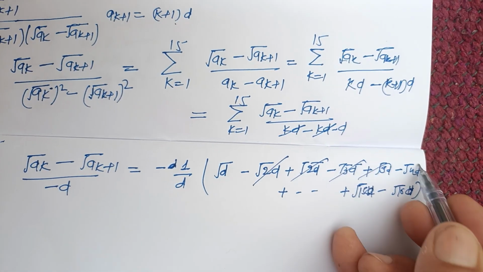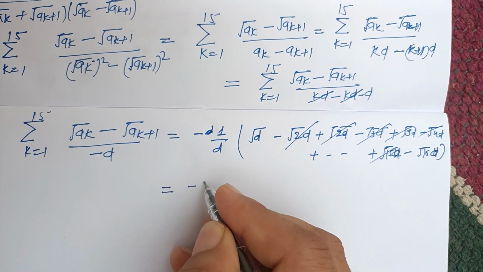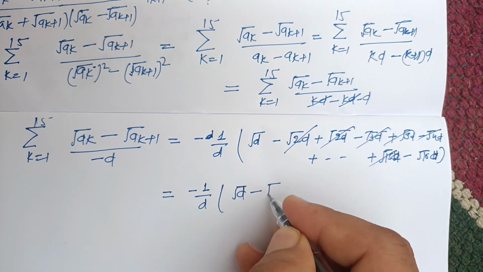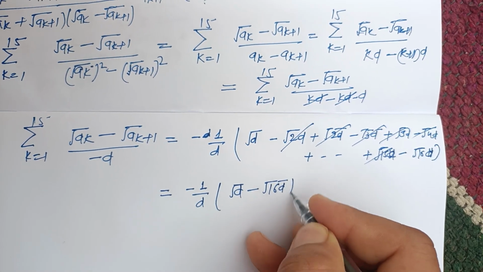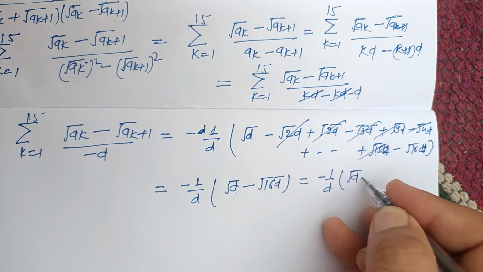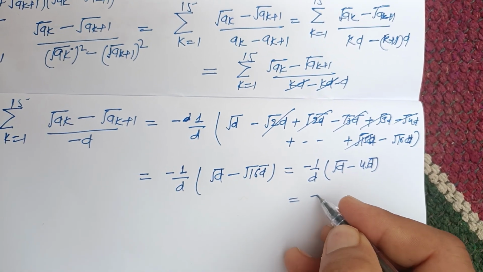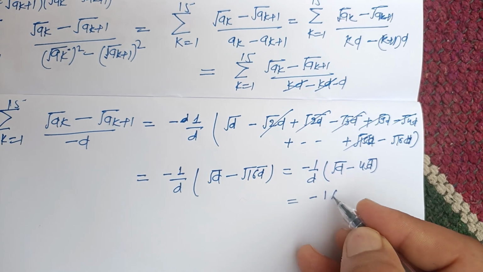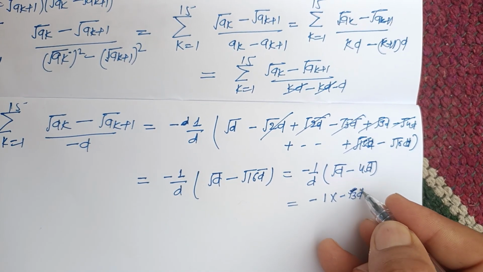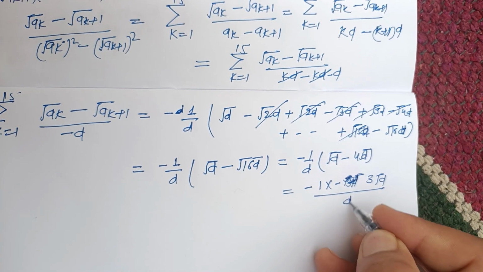So these cancel out. We got only minus 1 upon d times (root d minus root 16d). So this is minus 1 upon d times (root d minus 4 root d), so this remains minus 1 upon d times (minus 3 root d).